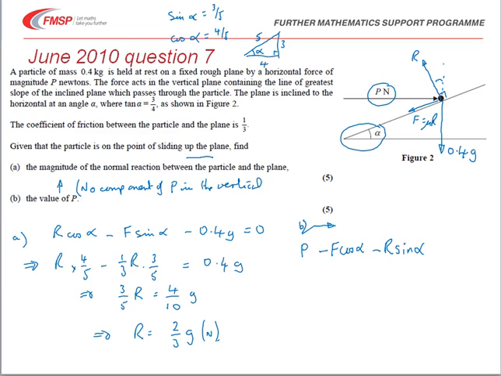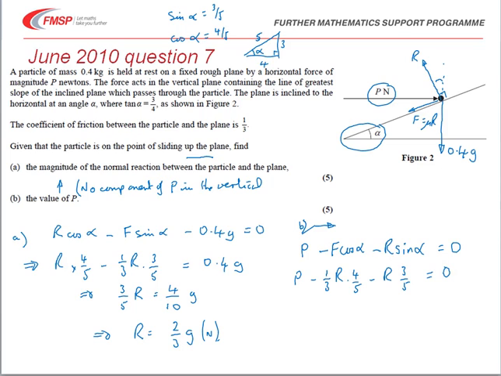So those are the three forces, or the components of the three forces, acting horizontally, and that will be equal to 0. So substituting what we know, P minus F, which is mu times R again, so this is 1/3 R, cos alpha is 4/5, and then minus R sine alpha, sine alpha 3/5, is equal to 0.